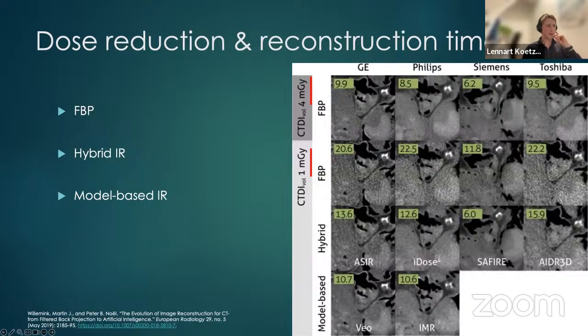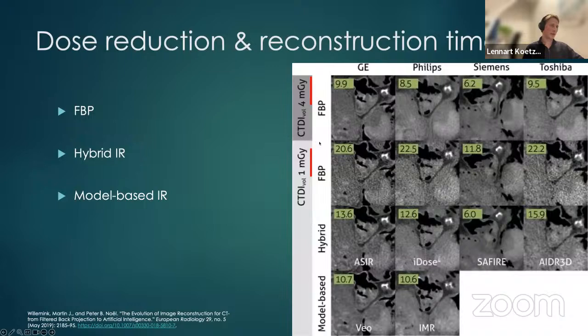I took this figure from a paper discussing the evolution of image reconstruction. Here we can see images of filtered back projection, hybrid iterative reconstruction, and model-based iterative reconstruction of the 4 big vendors.